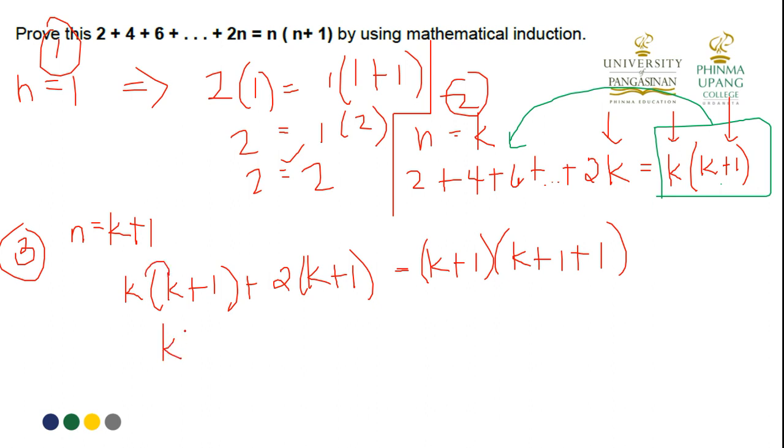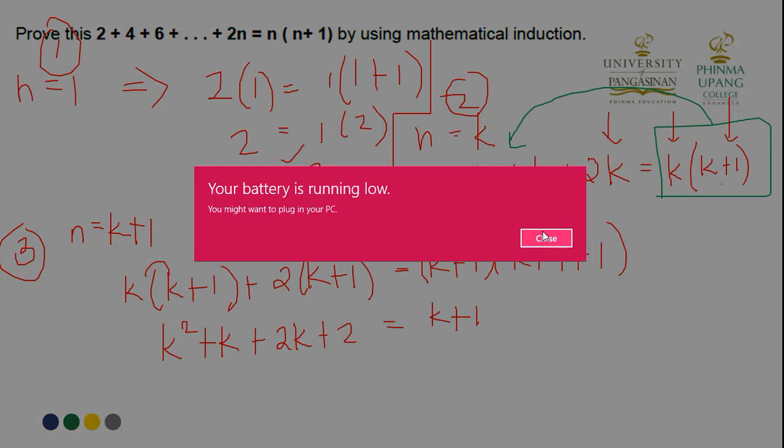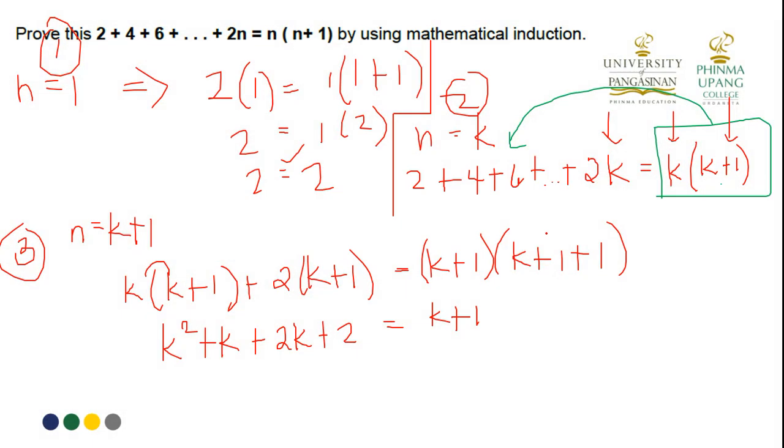That is k squared plus k plus 2k plus 2. Next, this is parang parehas lang siya kanina. K plus 1. Then this is k plus 2.